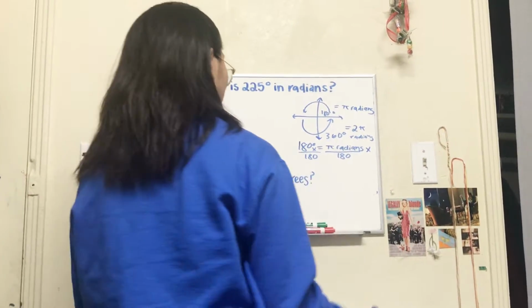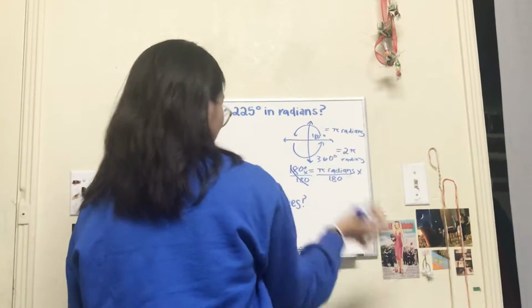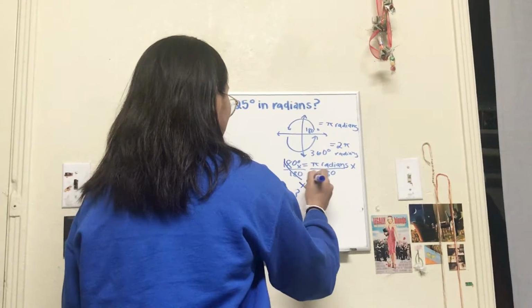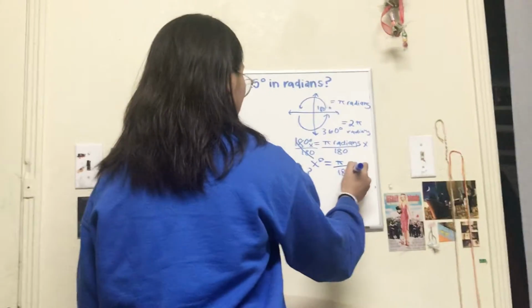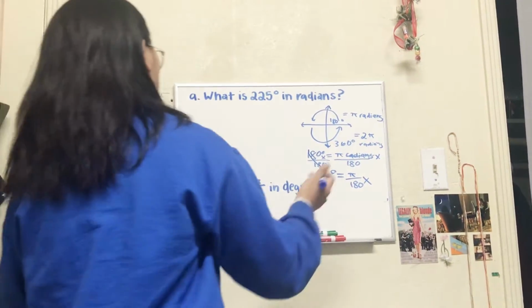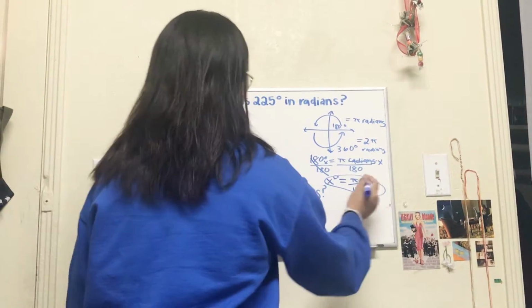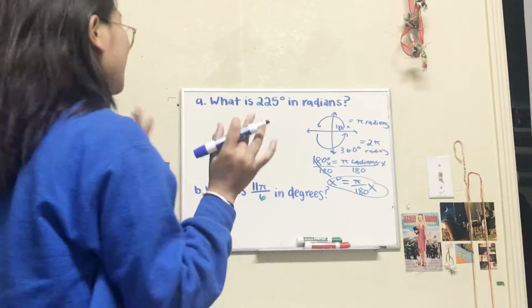So in order to do that, we cross out the 180 and then we get x degrees equals pi over 180 times x. So this is the formula used to find a radian when you have a degree.